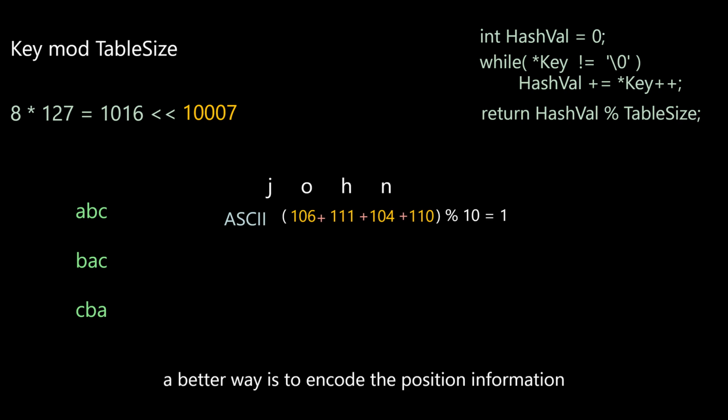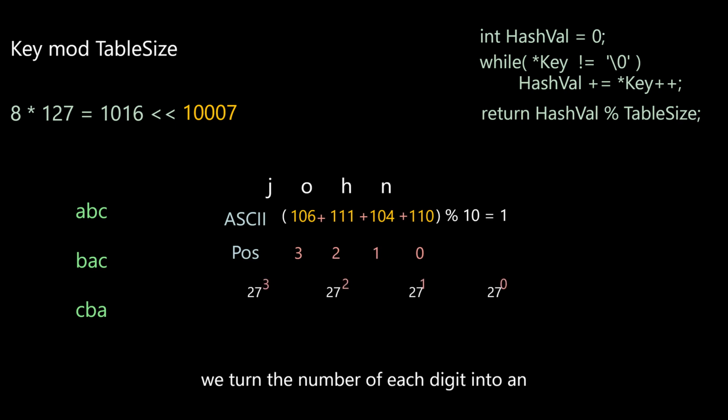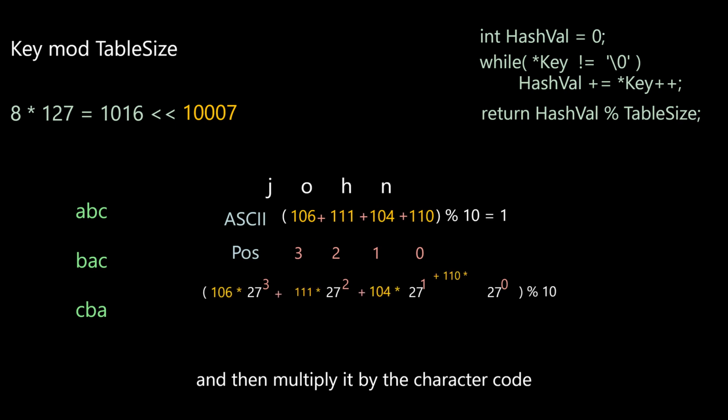Therefore, a better way is to encode the position information of the characters. Because English characters plus space are 27 in total, we turn the position of each digit into an exponent of 27, and then multiply it by the character code.